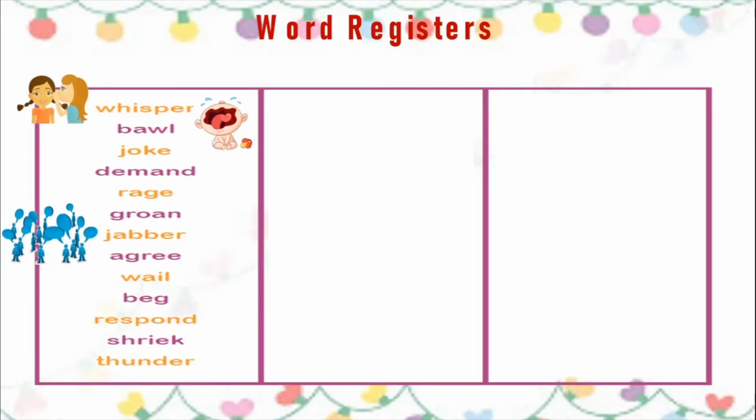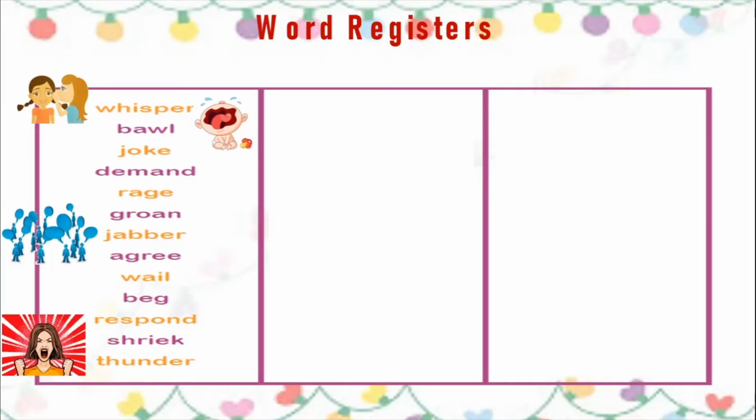Next is agree. Agree means saying yes, saying no. So when you agree also, you tend to use words. Next is wailing. Wailing means again to cry loudly. Begging means to request someone to do something for you. Responding means again saying yes or no. Shrieking means shouting loudly.